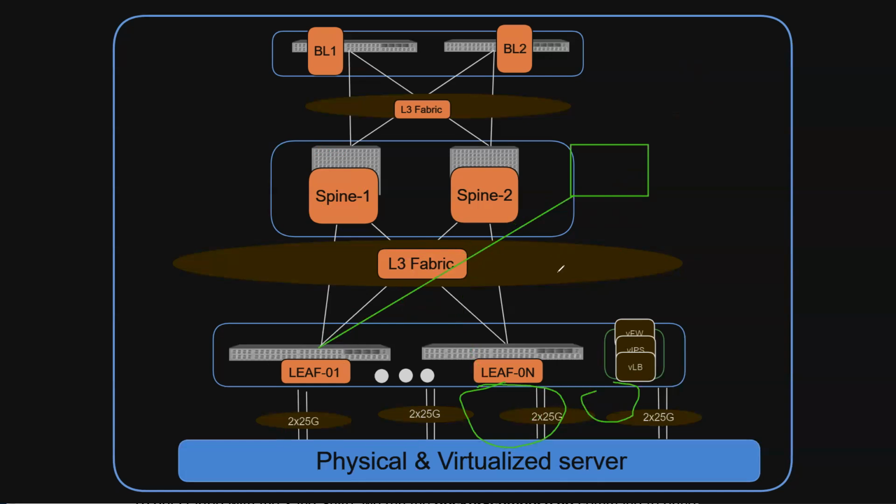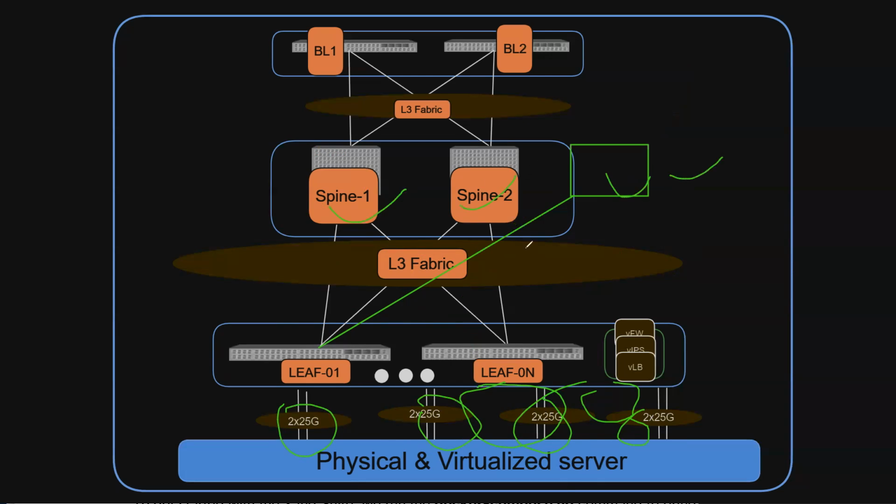That's why we have such a Clos architecture, such a fabric. All leaves should connect to all the spines. Whatever endpoints we have below these leaves, MAC addresses and IP addresses, should be synced between all the spines.